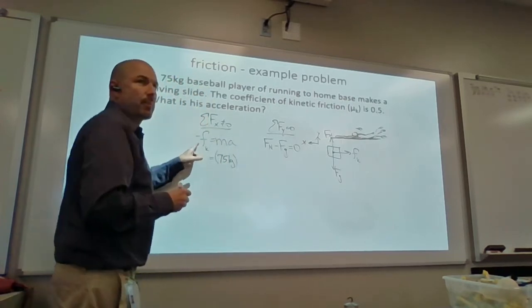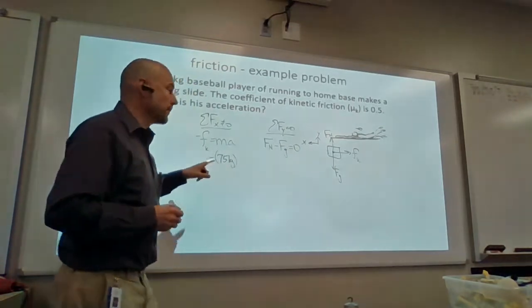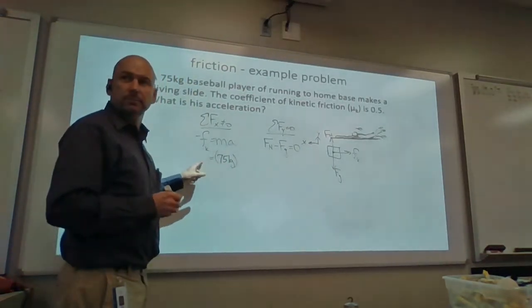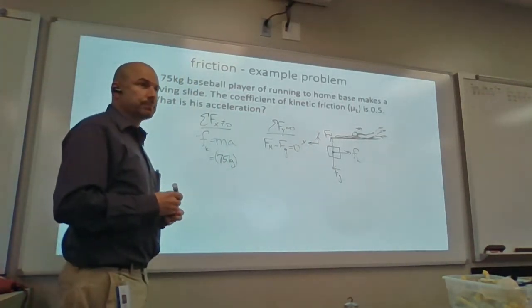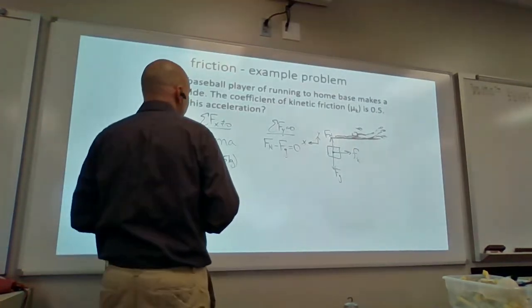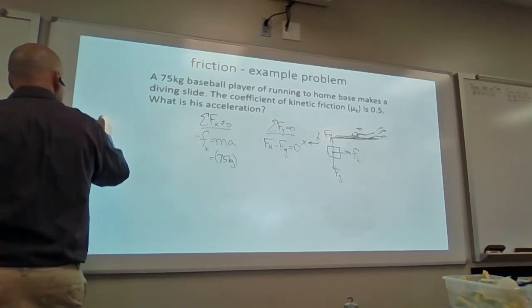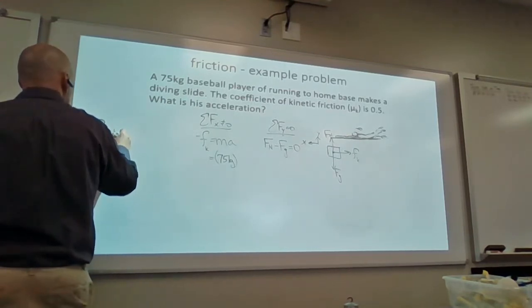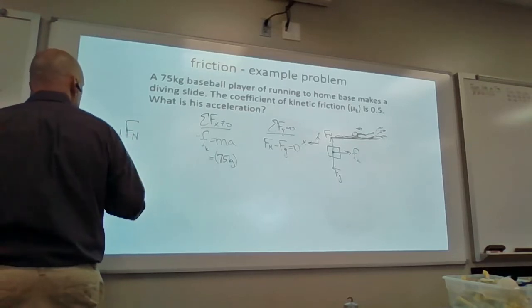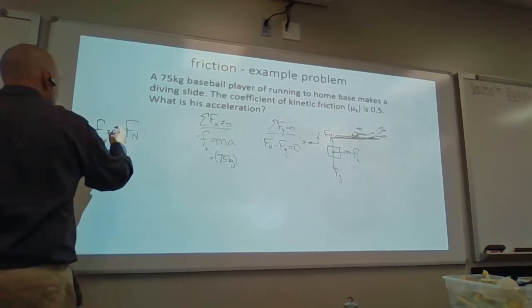And do I have friction? Can I plug in 0.5 here? That is the coefficient of friction. If I'm given the coefficient, the only equation that has coefficient in here is that one. Okay.